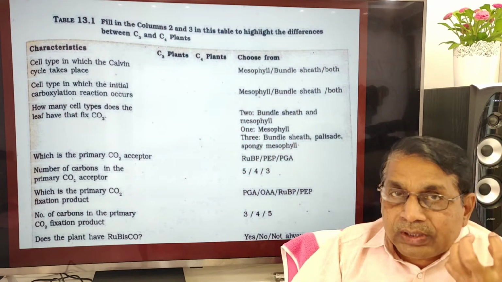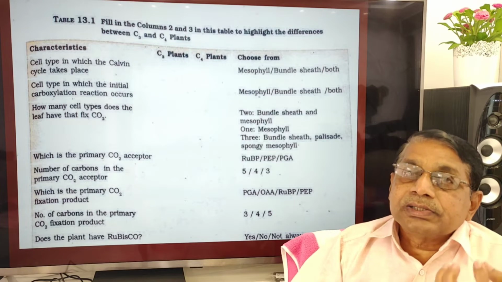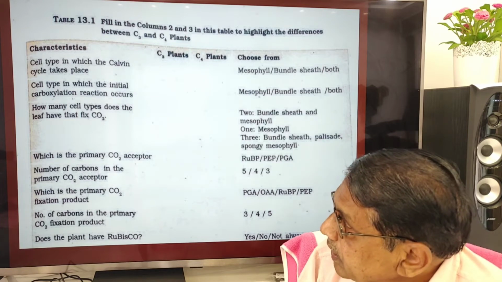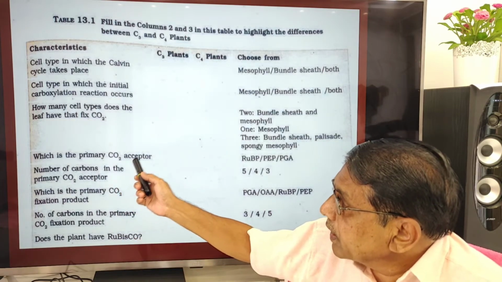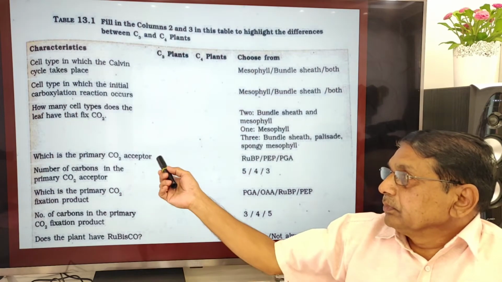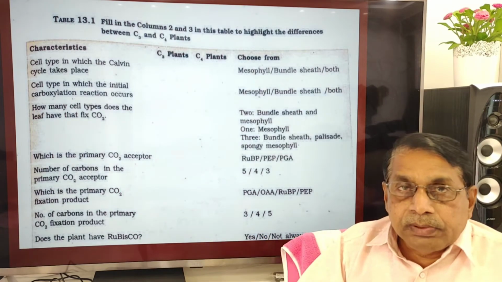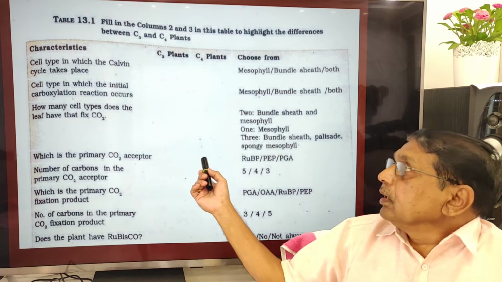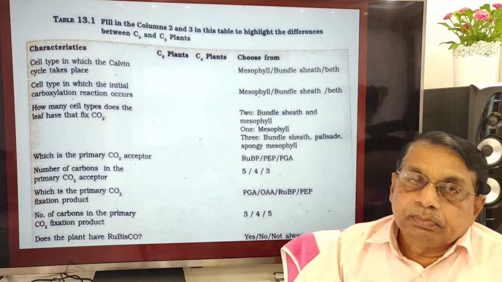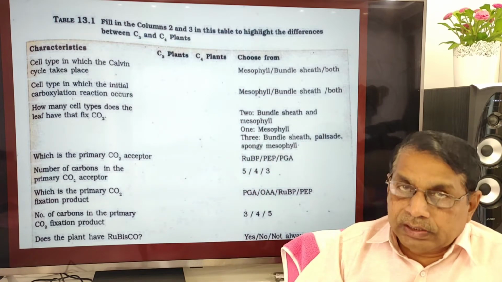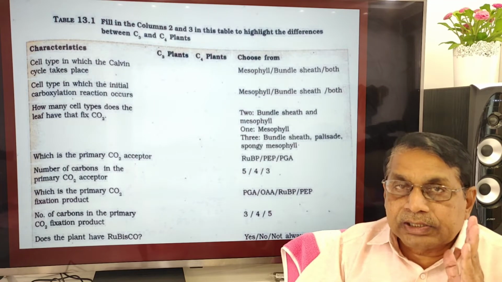What is the primary carbon dioxide acceptor? In C3 plants, RuBP. Here it is PEP, phosphoenol pyruvate, in C4 plants.